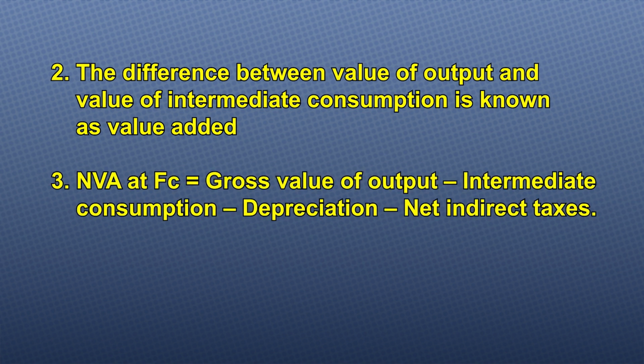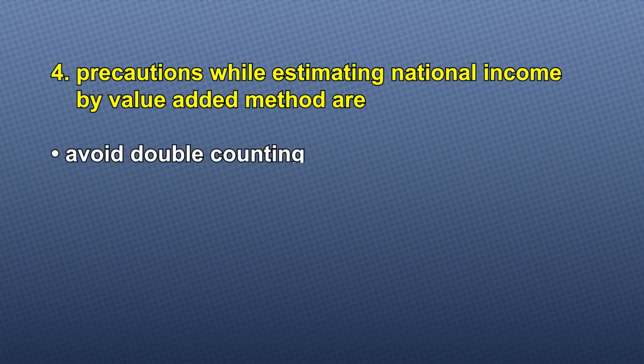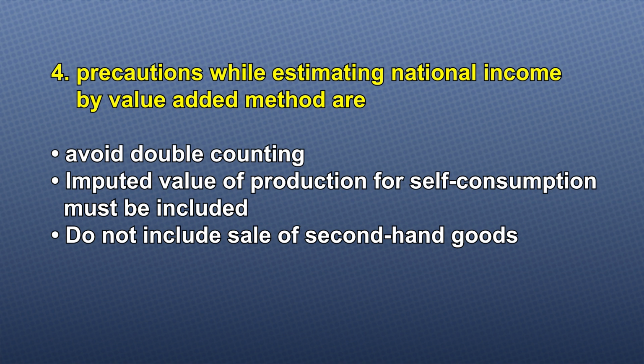Third, NVA at FC is equal to gross value of output minus intermediate consumption minus depreciation minus net indirect taxes. Fourth, precautions while estimating national income by the value added method are: avoid double counting, imputed value of production for self consumption must be included, do not include sale of second hand goods.